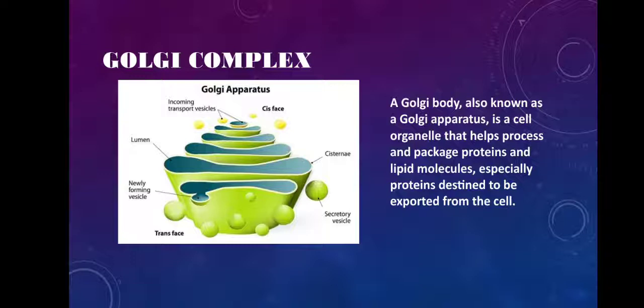Some of them are tubules, and some of them are vesicles. The Golgi is located right near the nucleus. It's called a perinuclear body, and it's actually right near the endoplasmic reticulum as well. And when proteins come out of the endoplasmic reticulum, they go into the Golgi for further processing.